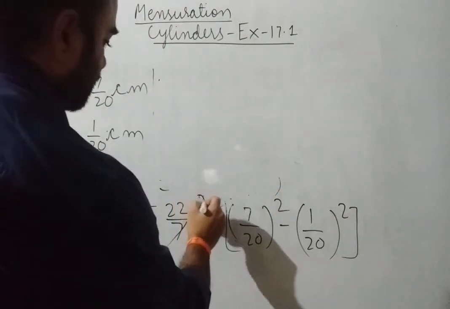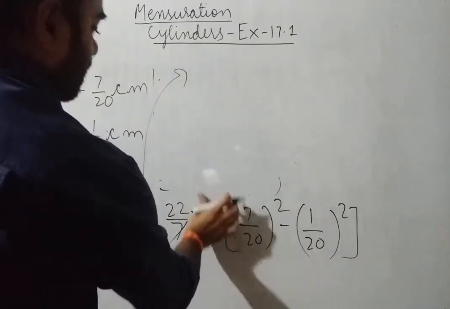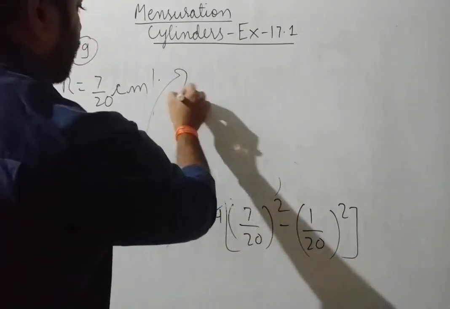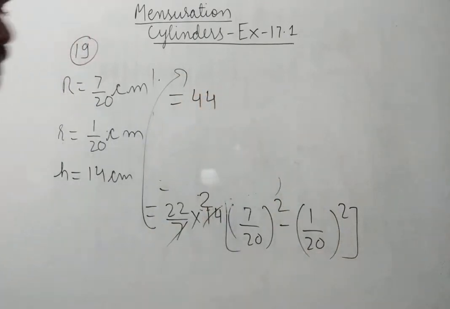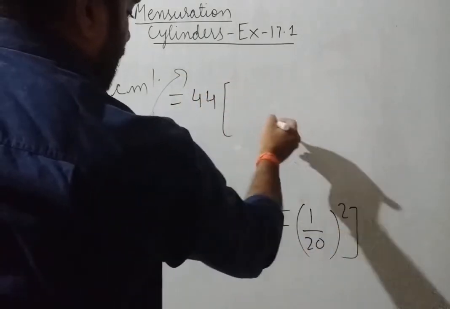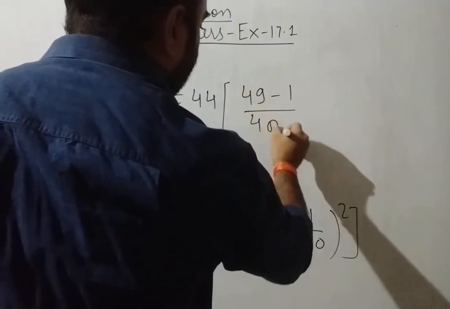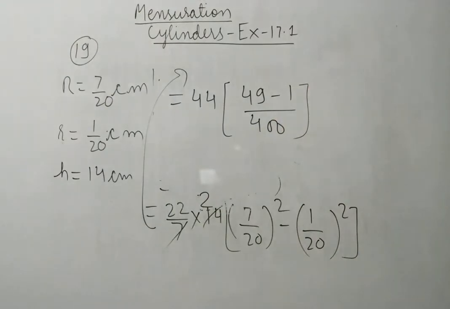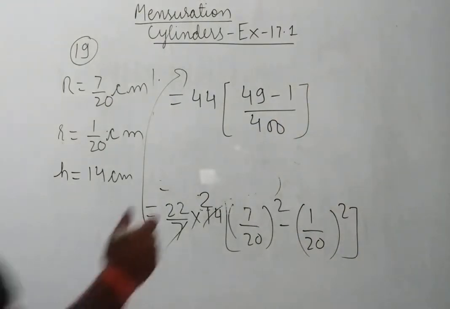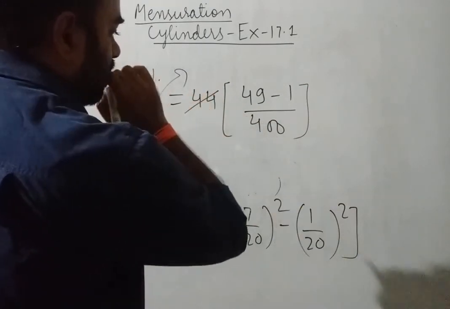Next, this is 2. So this will give 22 into 2, that is 44. Here 44 into this will be 49 minus 1 upon 400. Correct? Now these two are cancelled by 4.